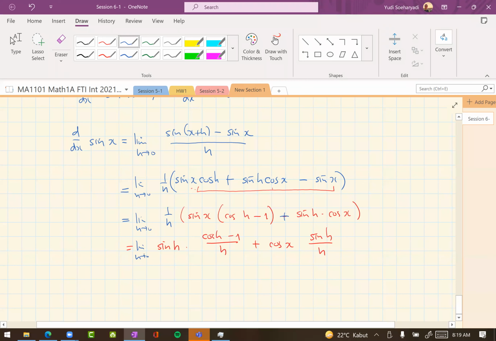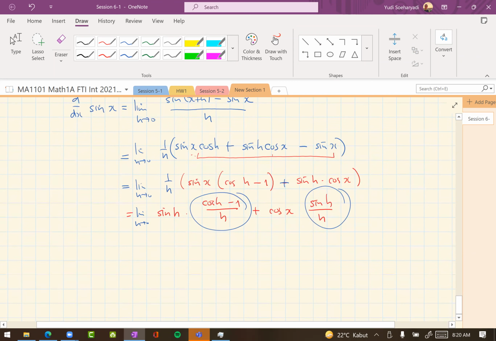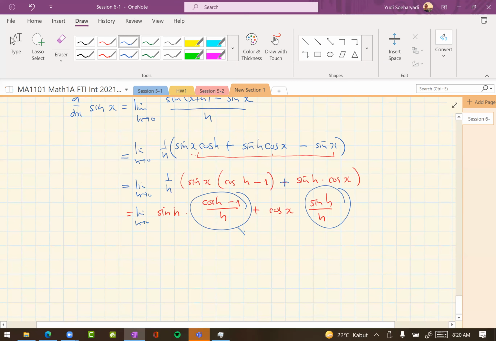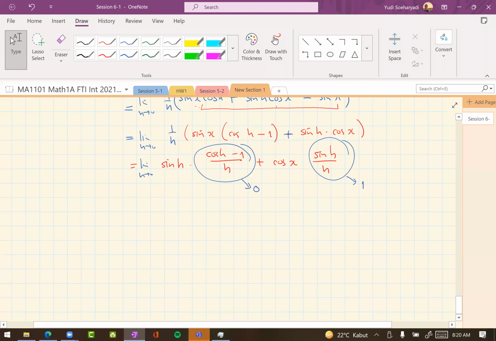Okay. But recall this is a special form of trig limits. This is also a special trig limit. Okay. So this one goes to 0. This one goes to 1. Okay. So at the end, you have this. The first one disappears, and then the second one is just cosine.